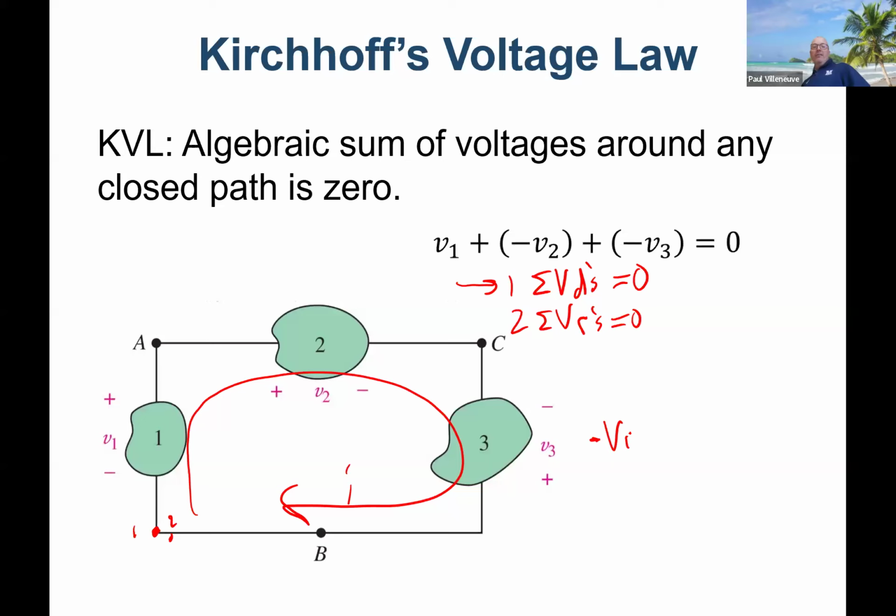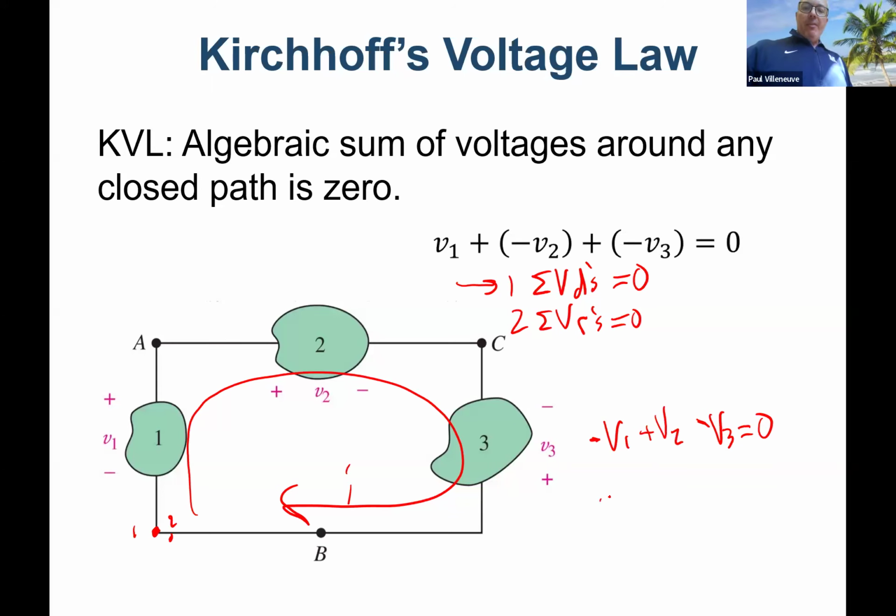In the direction of assumed current flow, our V2 goes from plus to minus, so that is in fact a voltage drop. And in the direction of our assumed current flow, our voltage 3 goes from a lower potential to a higher potential, so that's a voltage rise. So we end up with that there. That's if you use item number 1.